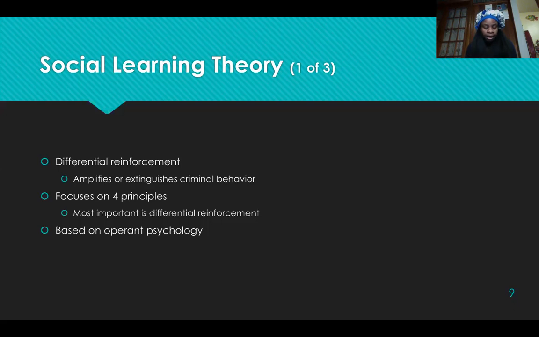And 4, his or her own learned definitions are favorable towards committing the deviant acts, an excess of definitions. The most important of these 4 principles is differential reinforcement, which is based on the principles of operant psychology.